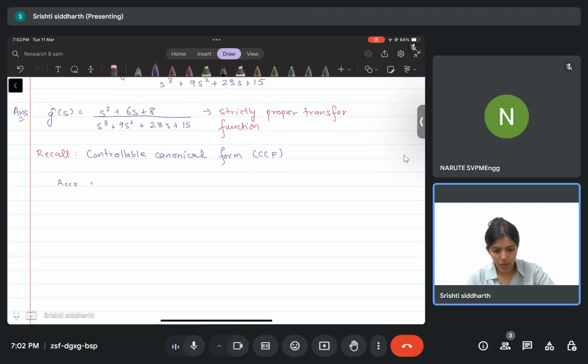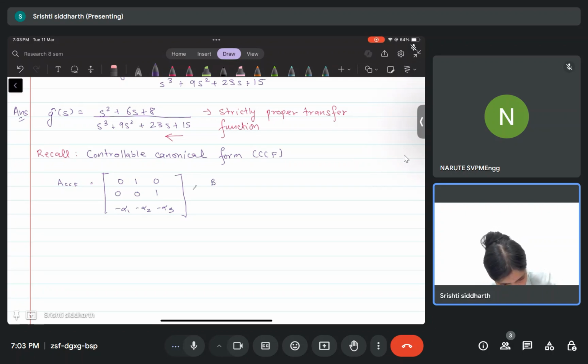So we have 0, 1, 0, 0, 0, 1, and minus alpha 1, minus alpha 2, minus alpha 3, where the coefficients are taken in this direction: minus 15, minus 23, minus 9.